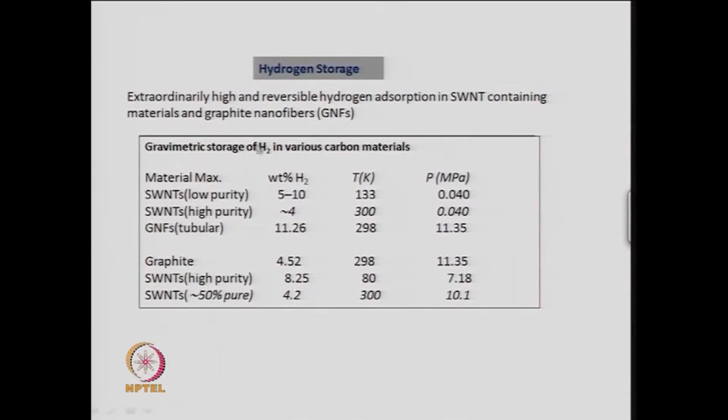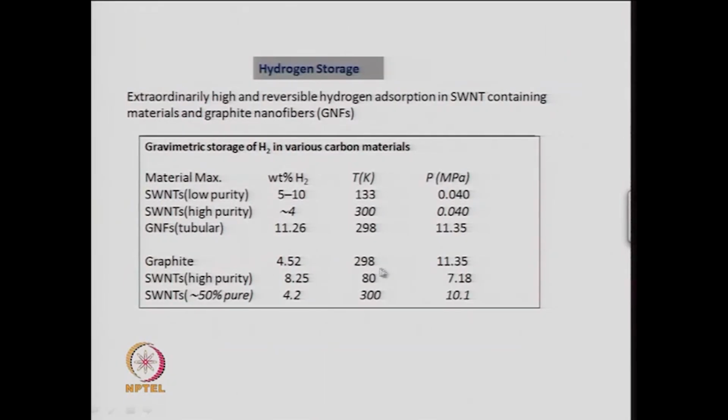So, carbon nanotubes still have lower hydrogen storage capacity than graphite, but there are applications where they can be used. Basically, carbon based materials have hydrogen storage capability. Carbon nanotubes have around 5 to 10 weight percent, whereas graphite has around 4.5 weight percent at room temperature.